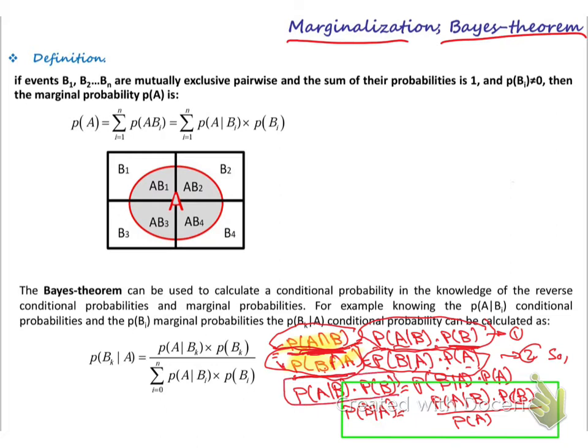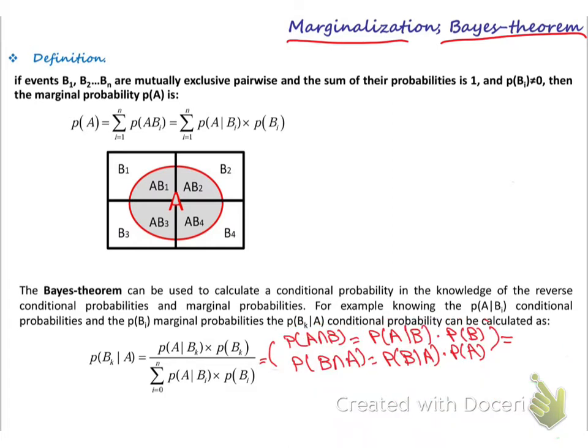So this is the side of the probability of A intersect B. This is the one, okay? And this is the probability of B intersect A. So the probability of A intersect B equals the probability of A given B times the probability of B, and the probability of B intersect A equals the probability of B given A times the probability of A. Left side equals left side, since A intersect B equals B intersect A, so the right side will also be equal to the right side.